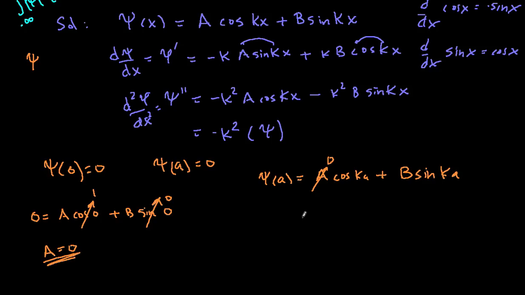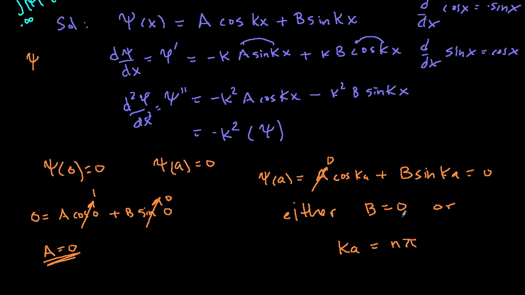So this has to equal 0. So either, I'll just write that, either B equals 0 or ka is equal to n times pi, right? Because sine of pi is 0, sine of 2 pi is 0, sine of 3 pi is 0, etc.